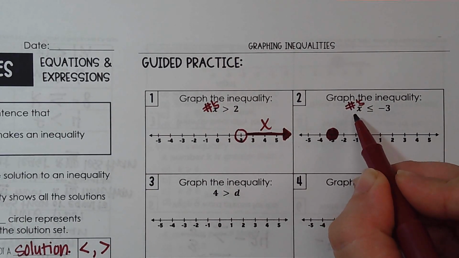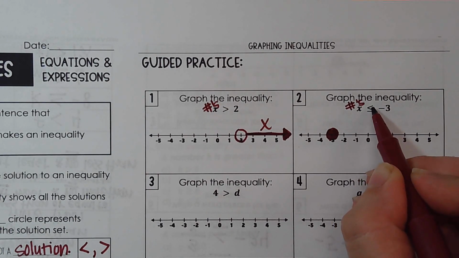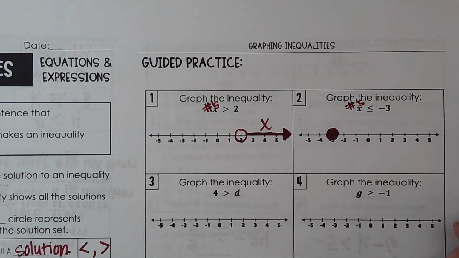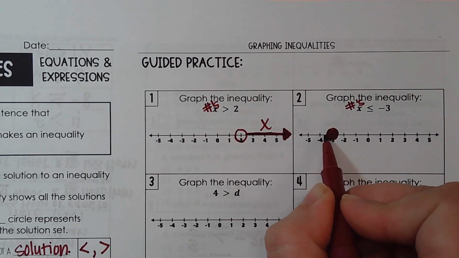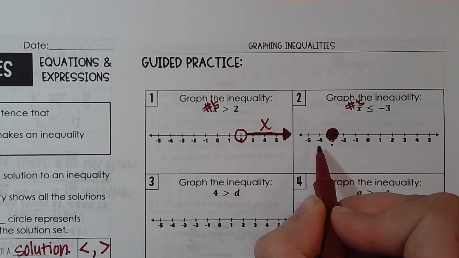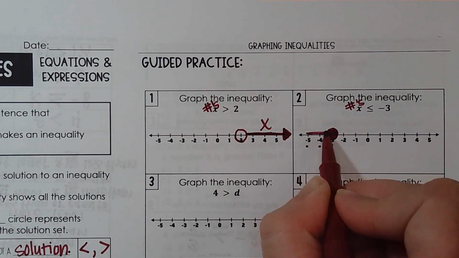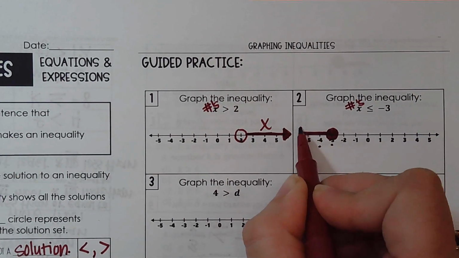Let me think about it. My numbers that need to be shaded have to be less than or equal to negative 3. So what's going to be less than or equal to negative 3? Negative 3, negative 4, negative 5, infinity and beyond.